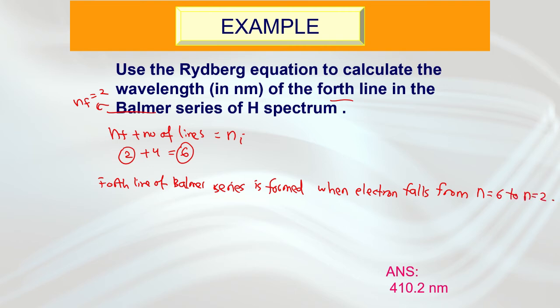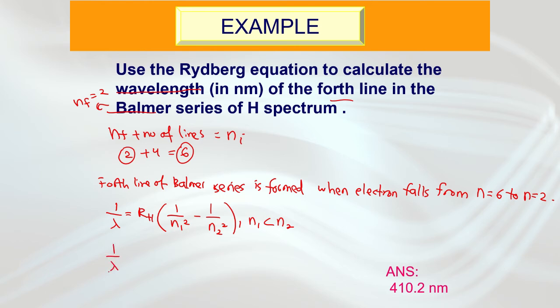So the question asks you to calculate the wavelength. Okay, so you must use 1 over lambda equals RH times 1 over n1 square minus 1 over n2 square, where n1 is smaller than n2. So we have 2 and 6, right? Which one is smaller? Of course 2. Therefore n1 is 2.